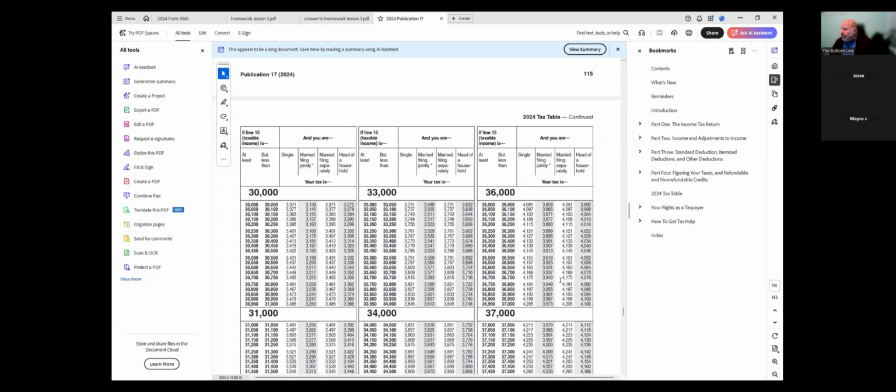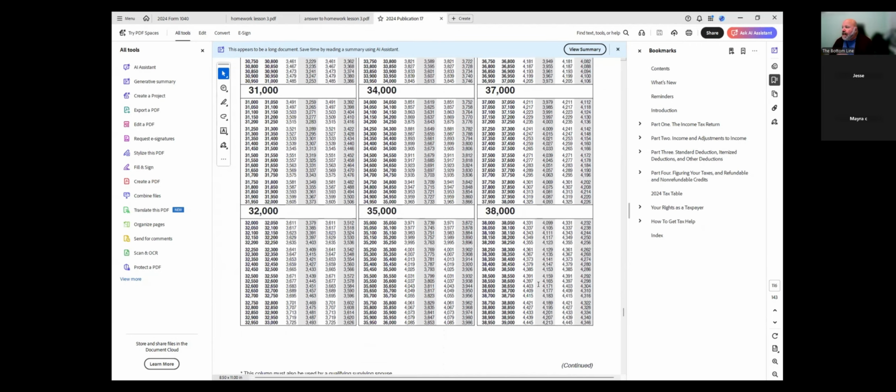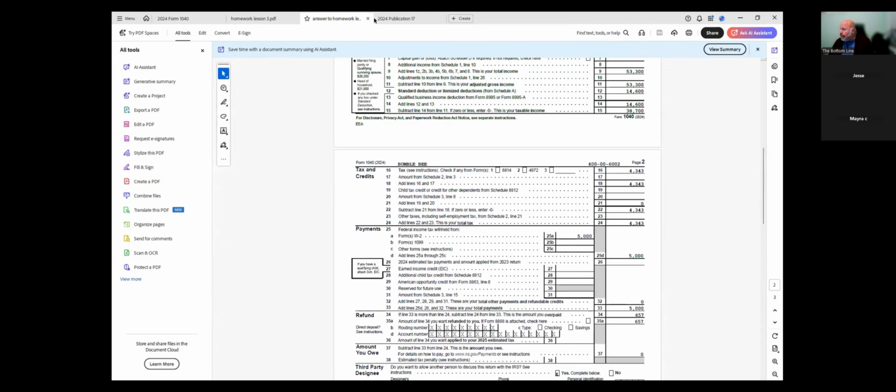Now, your software can use a tax rate, or it can use a tax table. At 38,700, his tax as a single person would be $4,415. Here they use the tax multiplier.